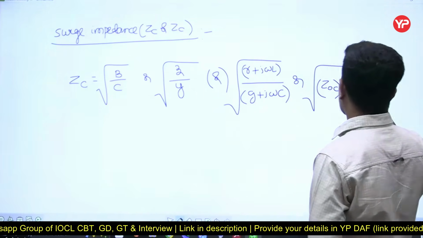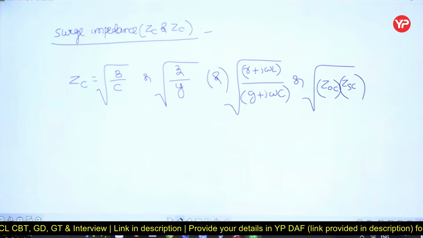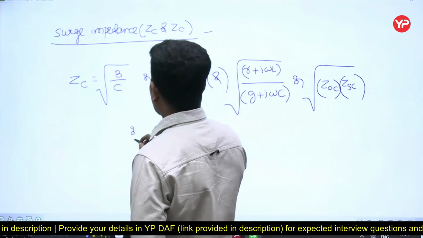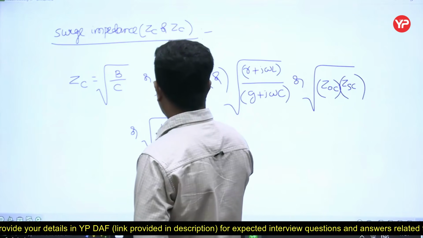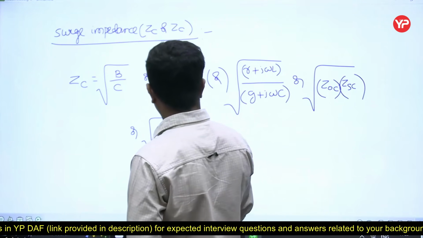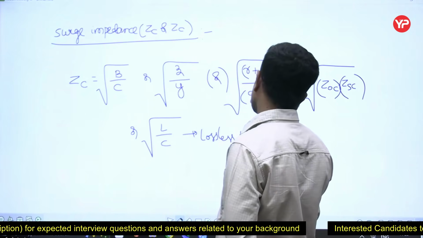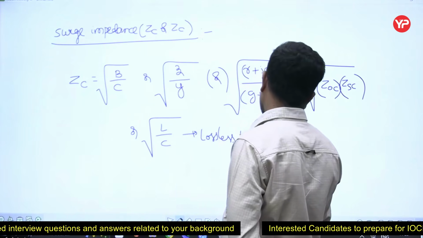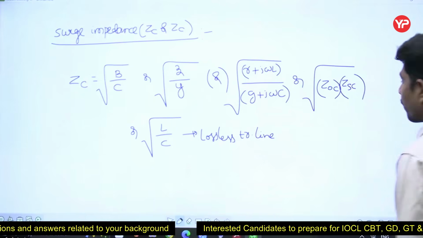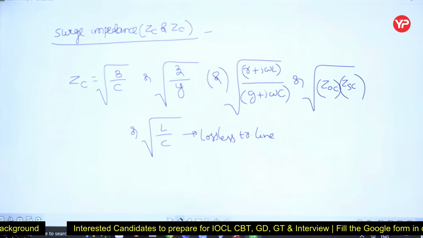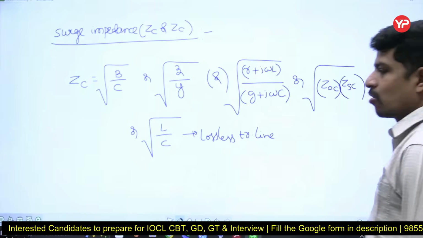What is ZOC? Open circuit impedance. ZSC is short circuit impedance. Or it is the square root of L by C. This is for a lossless transmission line. Lossless transmission line means resistance is equal to zero, and shunt conductance is also zero.